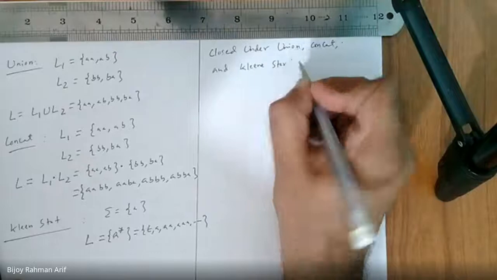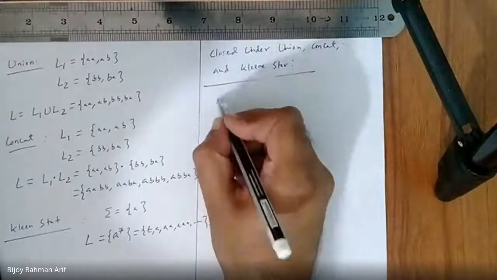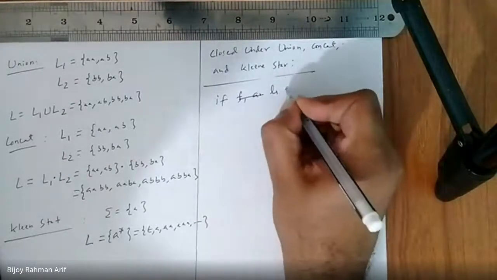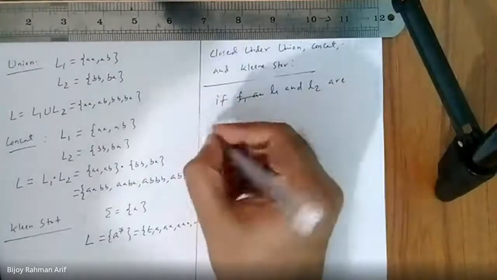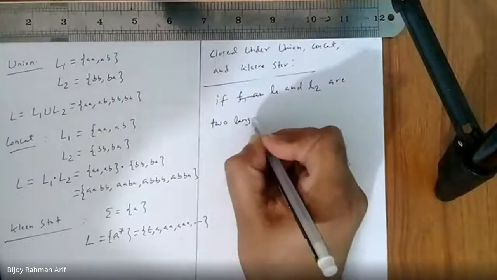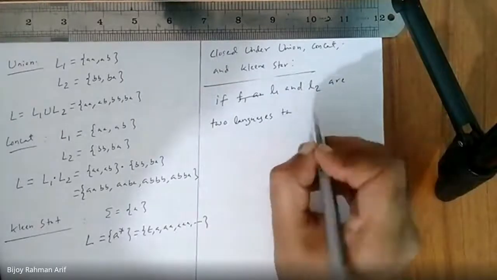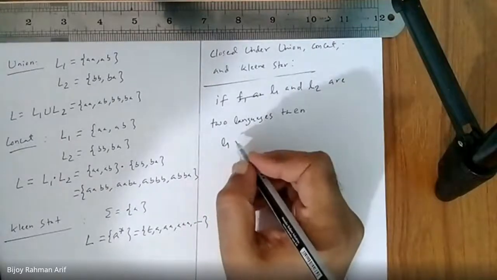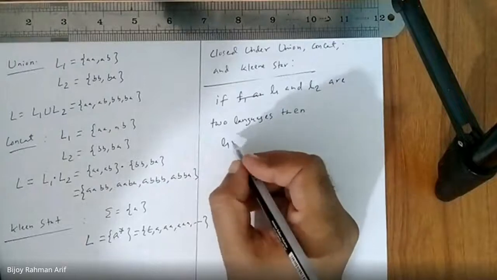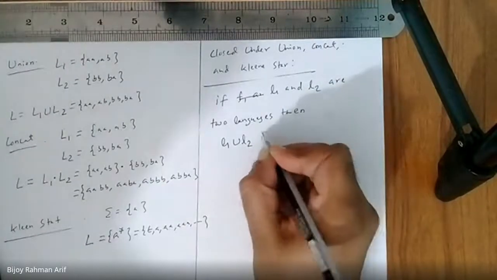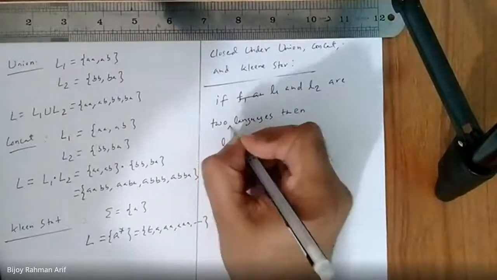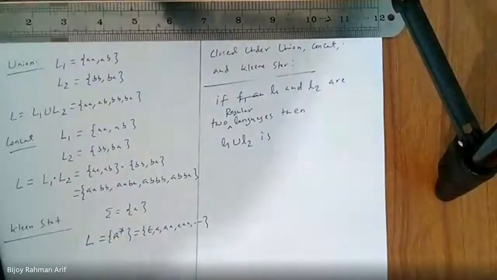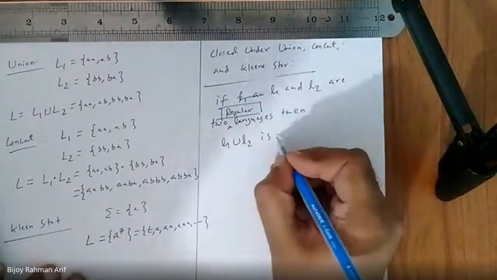It means if L1 and L2 are two regular languages, then L1 union L2 is also a regular language.